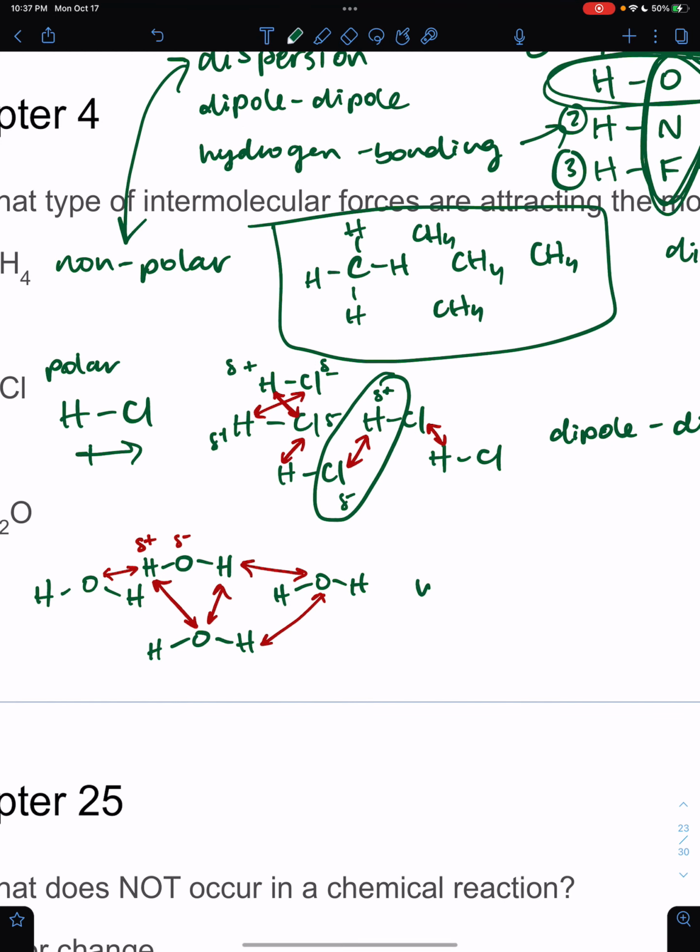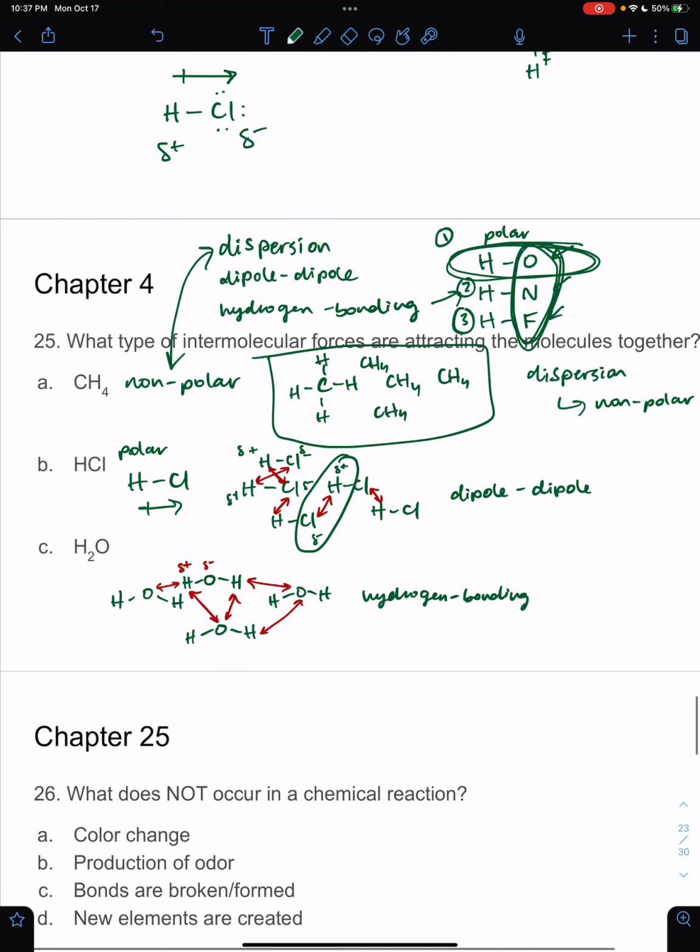So this one is hydrogen bonding. Okay, so those are the rules you can remember.